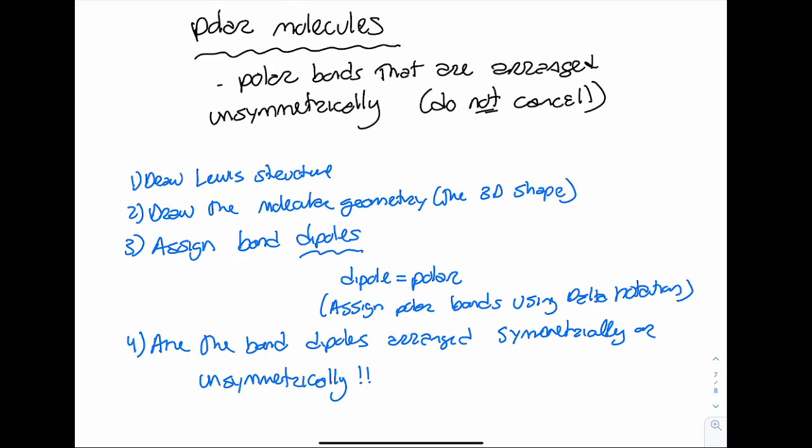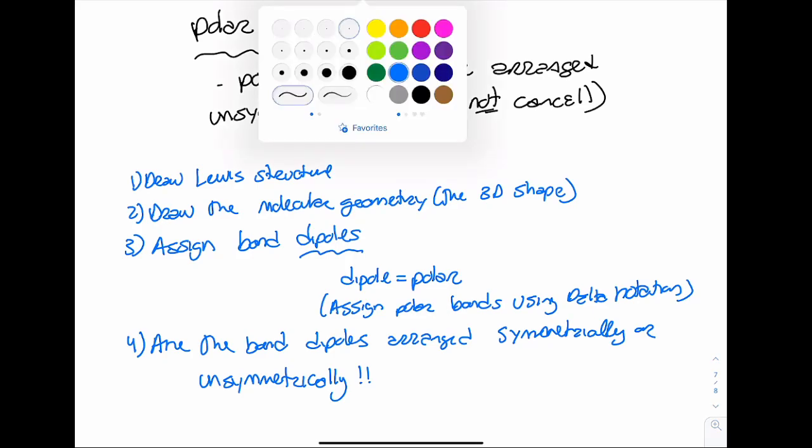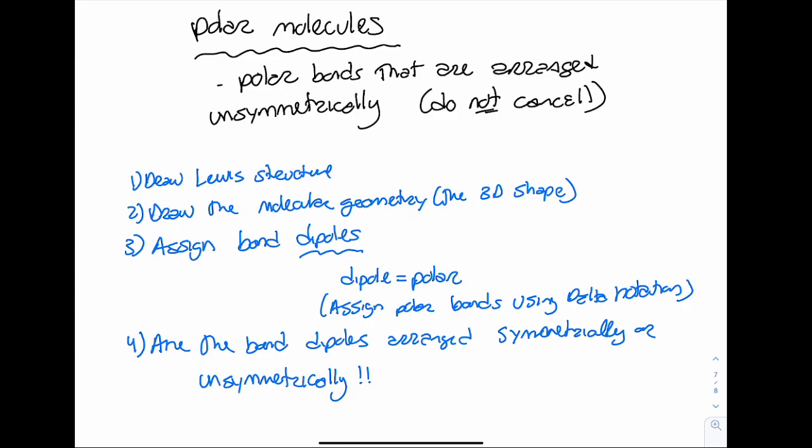And again, it's really important that when we're doing those bond dipoles, you do it with the shape of the molecule, the three-dimensional shape, and not the Lewis structure. And I can do an example where you would get the wrong answer if you do it on the Lewis structure. So this has to be on the molecular geometry, the ones with the wedges and the dashes, right? The shape matters.